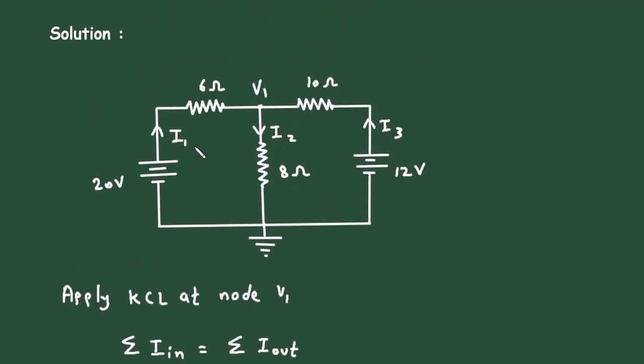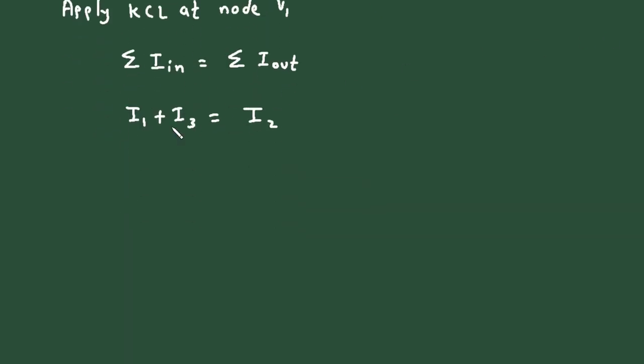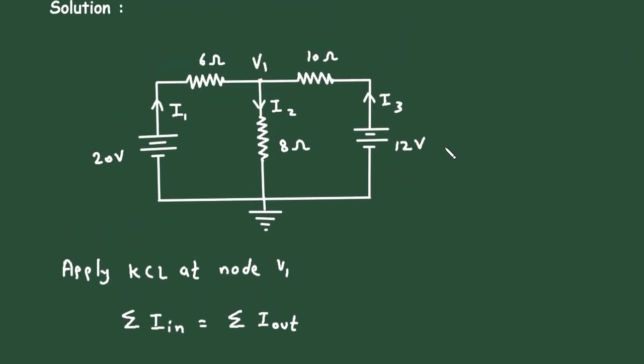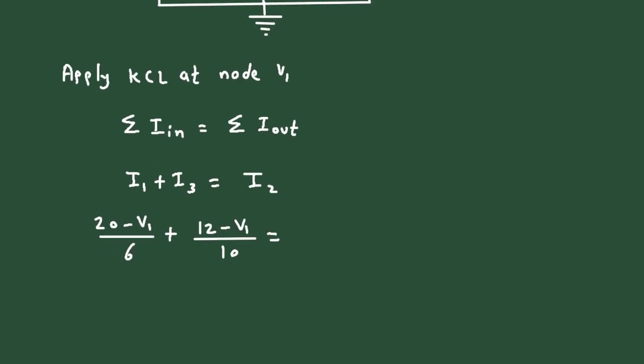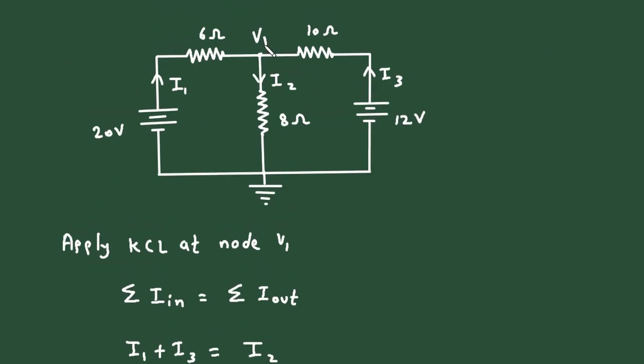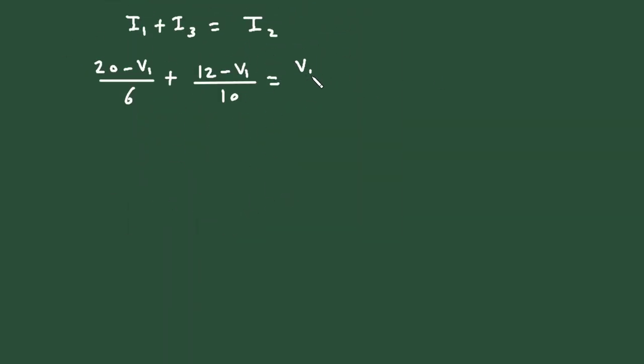Now let's write I1 in voltage form. It will be 20 minus V1 divided by 6, then plus I3 in voltage form, which is 12 minus V1 divided by 10, is equal to I2, which will be V1 minus 0 divided by 8.